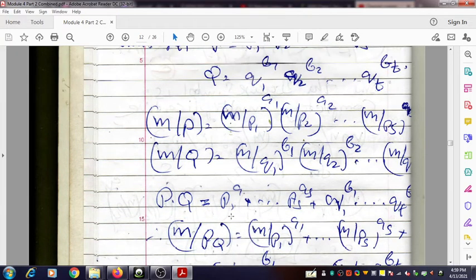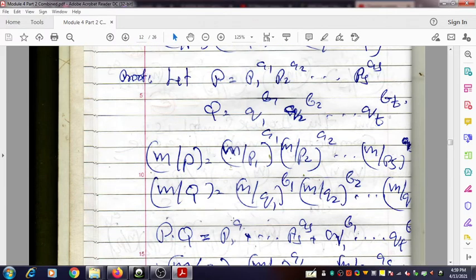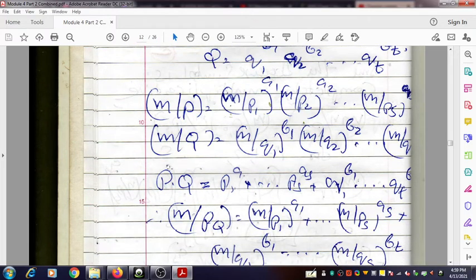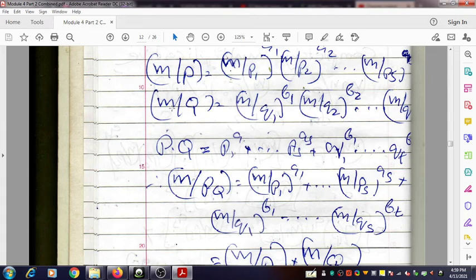And now next, what we can do is consider the product p into q. p and q are multiplied together, and that has the representation p1 raised to a1 into p2 raised to a2 into etc. to ps raised to as into q1 raised to b1 into q2 raised to b2 into etc. to qt raised to bt.